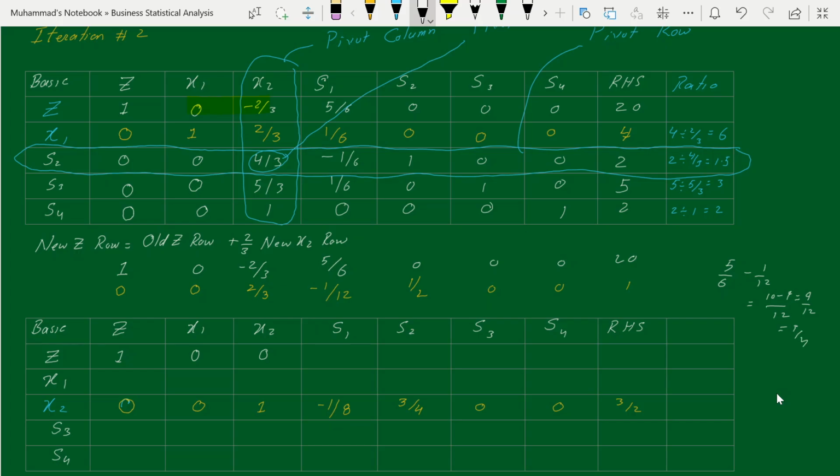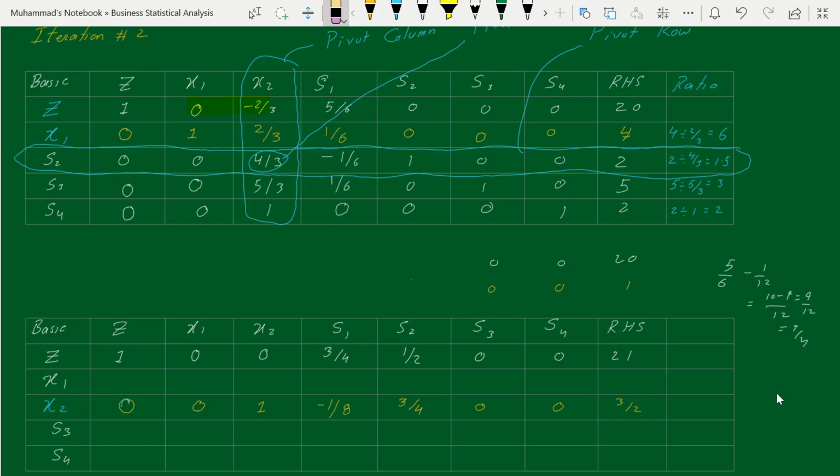So we can write down 3 by 4 here. It is 1 by 2, it is 0, 0, and if we add them, it becomes 21. Now we have completed the new 0, and now we will repeat the same step for the new x1 row.